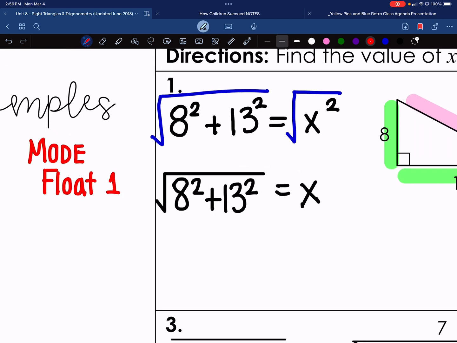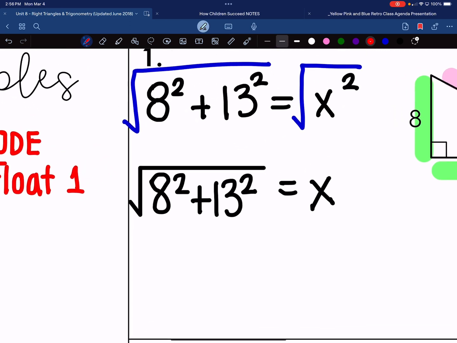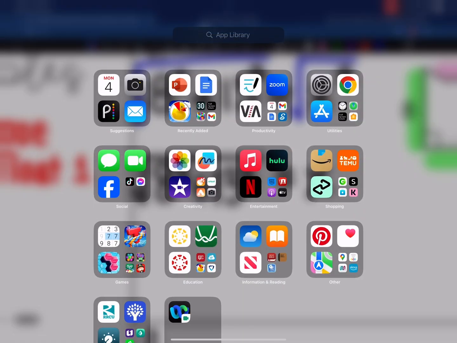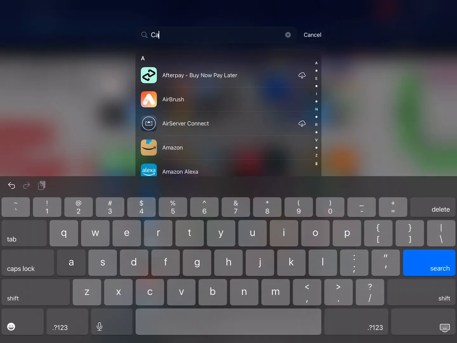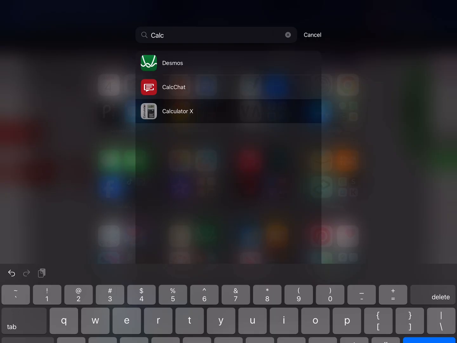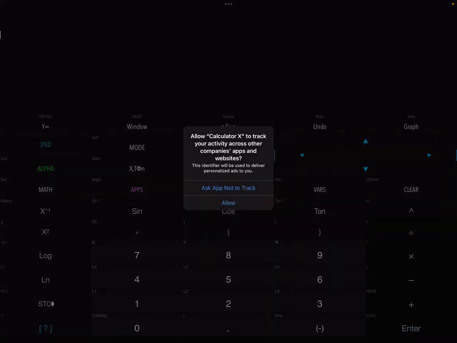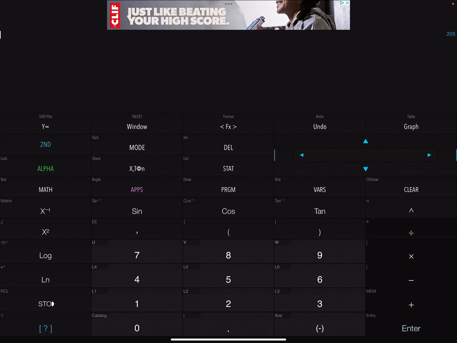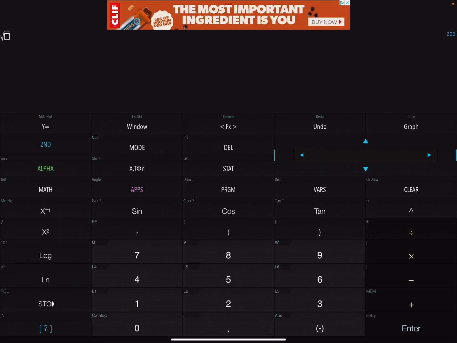Okay, so to get to x squared, you just press second, and then x squared is about halfway down on the right side. Let me see if I can find it. Is that it? Yeah. Okay, so you would just do square root, and then whatever your numbers were.